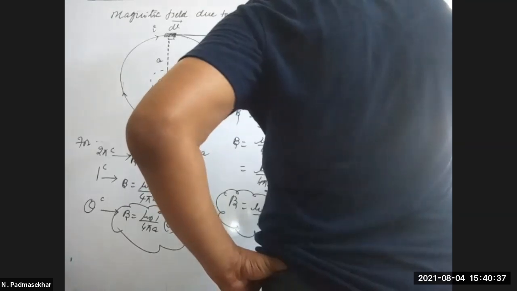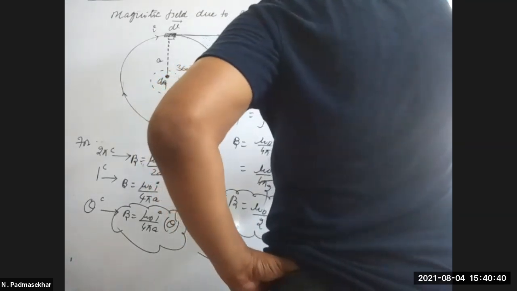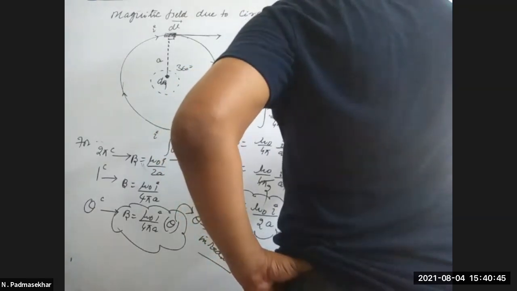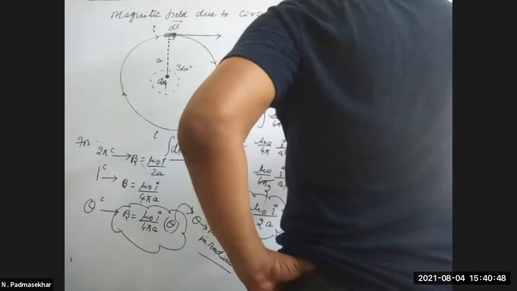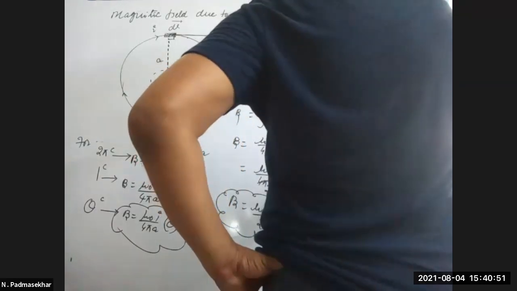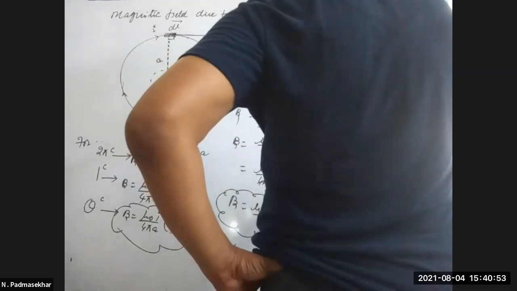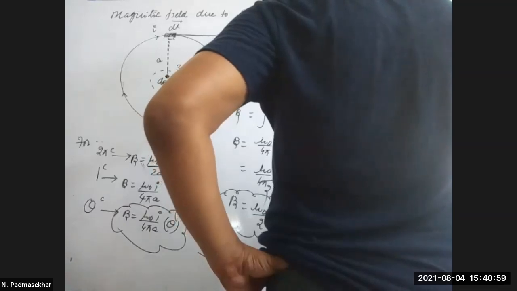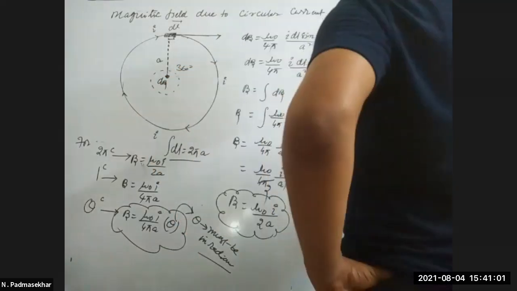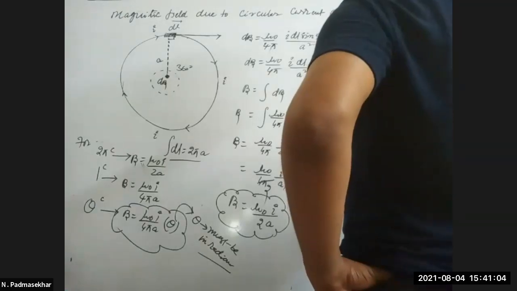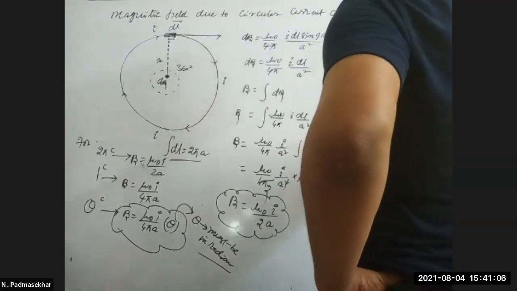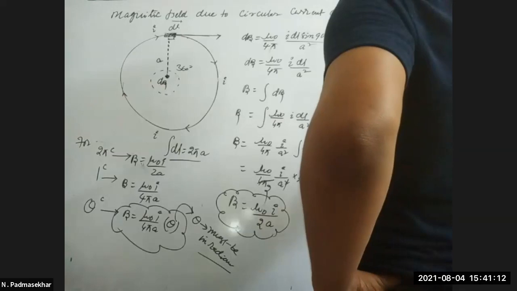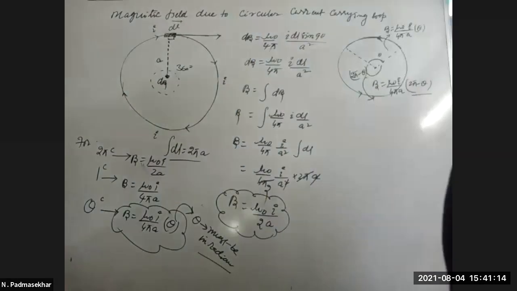B is equal to mu naught I by 4 pi a into theta. If we want the other part, then B is equal to mu naught I by 4 pi a into (2 pi minus theta). This angle is 2 pi minus theta, and that must be in radian.